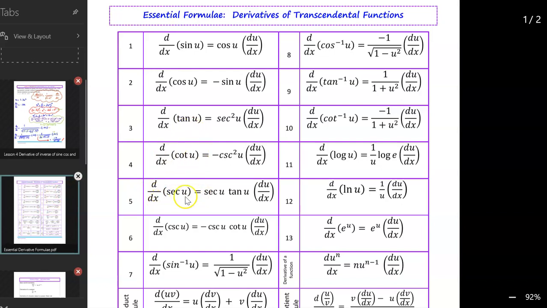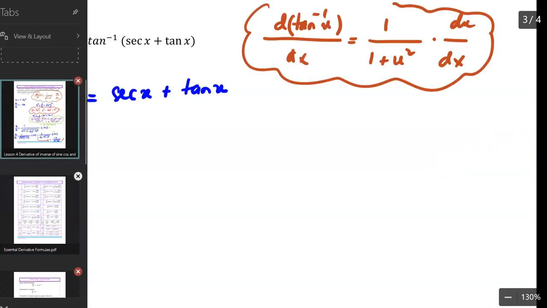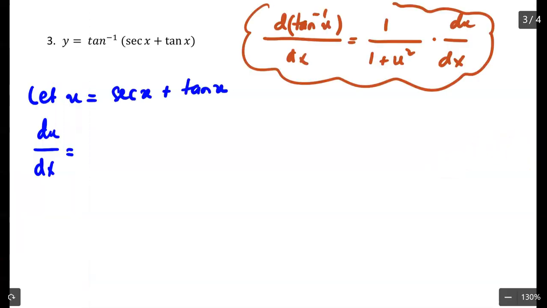The derivative of secant is secant, again repeating, multiplied by tangent of that, and multiplied by the derivative of your argument. In this case, your argument is x, so that derivative is just equal to 1. So I will write this as secant of x times tangent of x. Okay, so that is the derivative of secant of x.